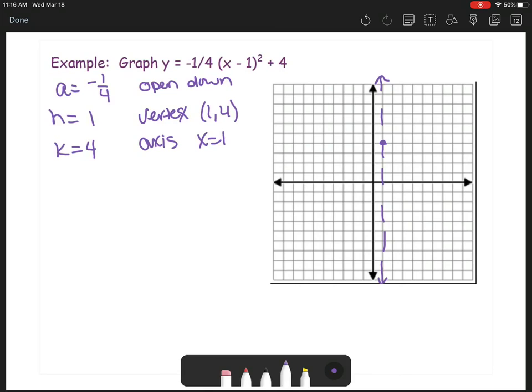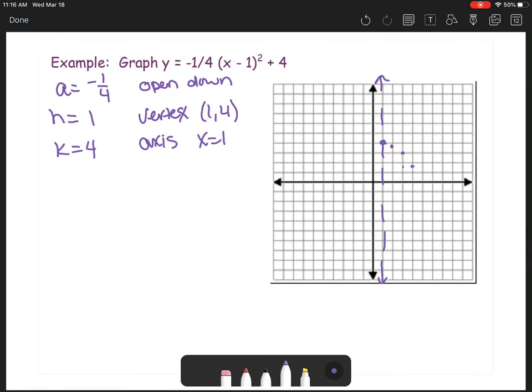So we write 1, and then our 1 gets multiplied by -1/4, so I move down 1/4. And then I go right 1, and now I go down 3/4, so I'm going to be to there. And then I go right 1, and now I go down 5/4, which is 1 and a little bit more. So I'm making this sort of parabola.